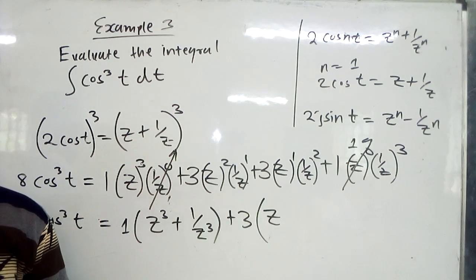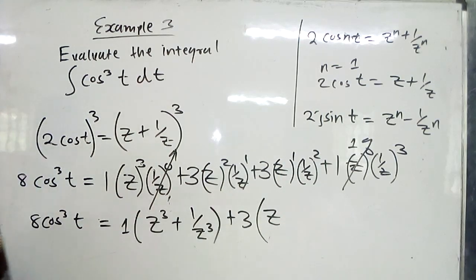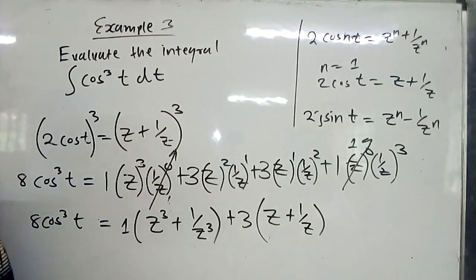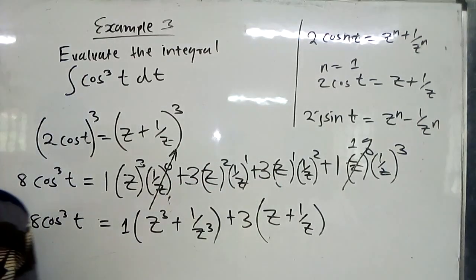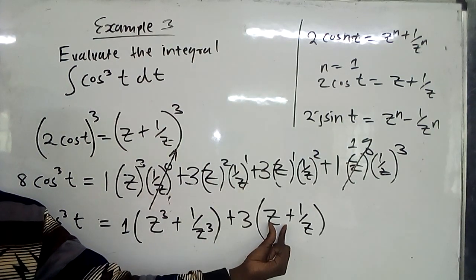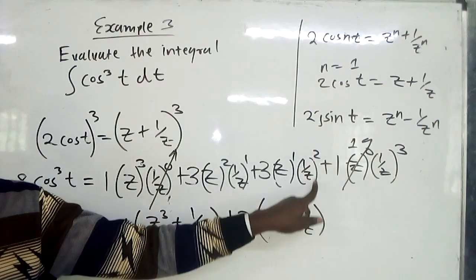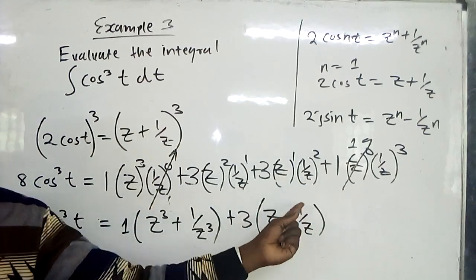Here all the signs are positive, so definitely it is positive. So it is plus 1 over z. You've now joined the ones with coefficient of 3. Z squared divided by z is z, isn't it? Then z divided by z squared, because 1 over z squared is 1 over z squared, so it is z over z squared, you get 1 over z.